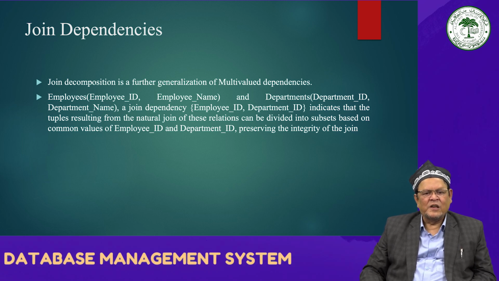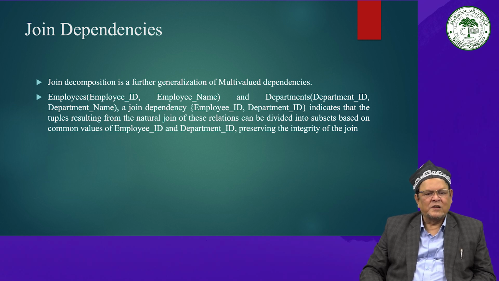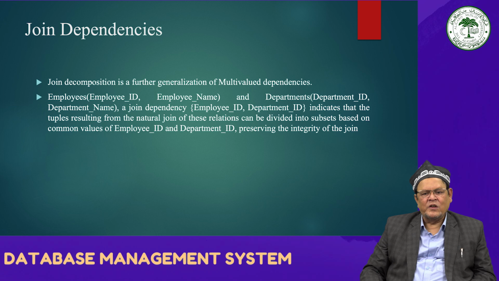For instance, if we consider two relations, such as employee, which contains employee ID and employee name, and the department relation, which contains department ID and department name, a joint dependency on employee ID and department ID indicates that the tuples resulting from the natural join of these relations can be divided into subsets based on the common values of employee ID and department ID, preserving the integrity of the join.